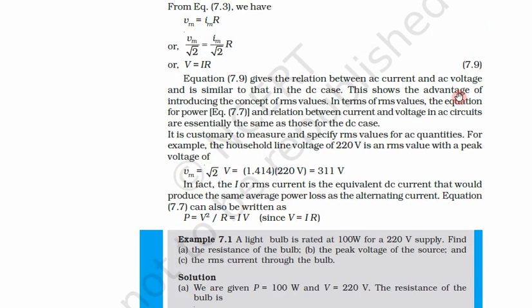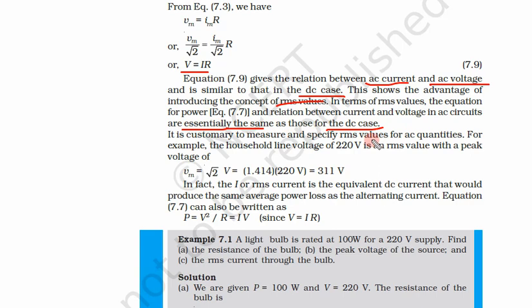So what is the advantage of this IRMS current? This equation 7.9 gives the relation between AC current and AC voltage because these are IRMS values, and it is very similar to the DC case. The advantage of RMS value is that the relation between current and voltage is the same as for the DC case.